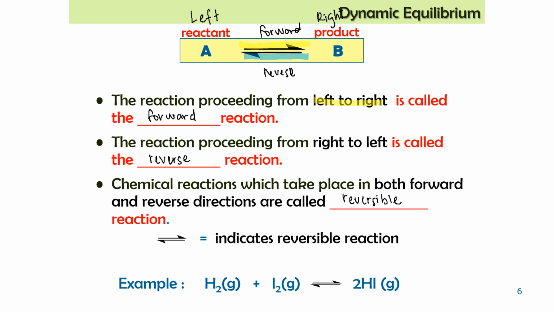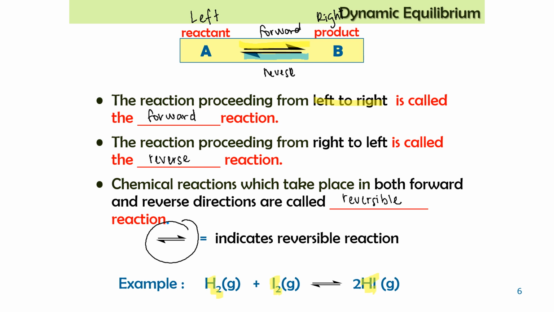Okay, so ini yang kita akan fokus dalam chapter 6. And only indicate the reversible reaction with this kind of arrow yang berpatah balik ni. Okay, so let's say you have hydrogen gas react with iodine gas. Okay, so you have hydrogen react with iodine, you will get the product as hydrogen iodide.